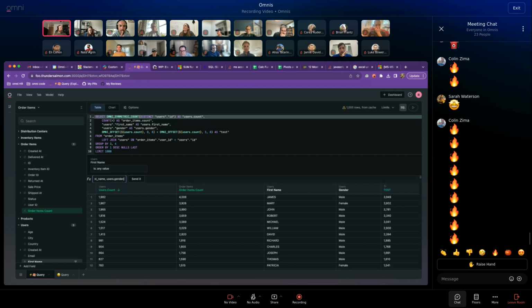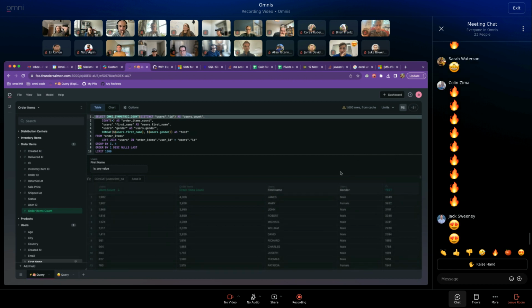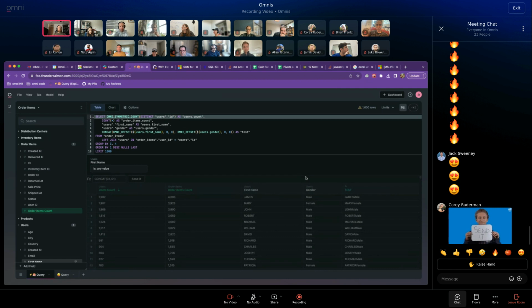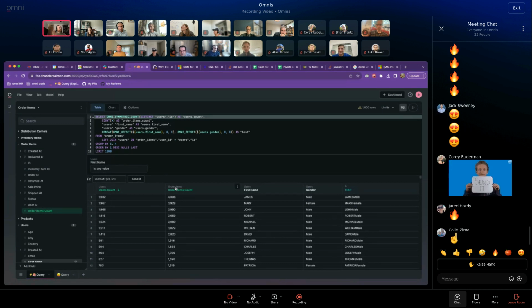I gotta spell it right though. Which would be the equivalent of concat C1, B1, and D1. So it should basically keep it as the same calculation. Anyway, that's where this is headed.